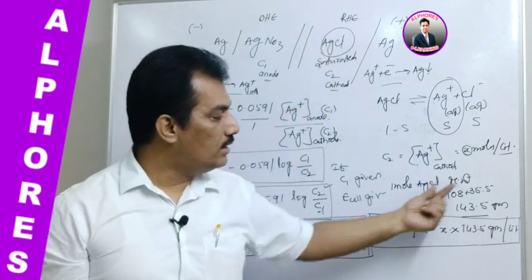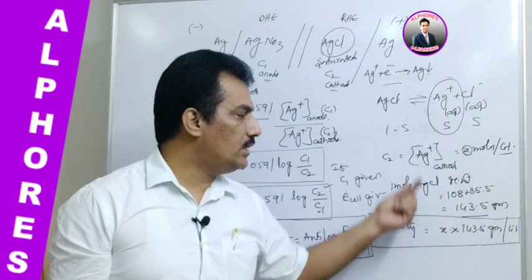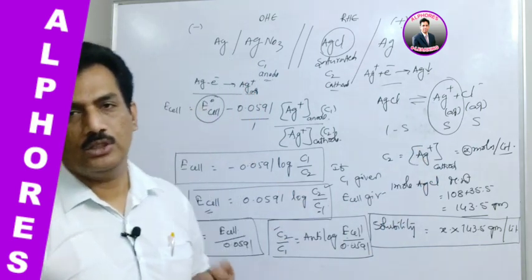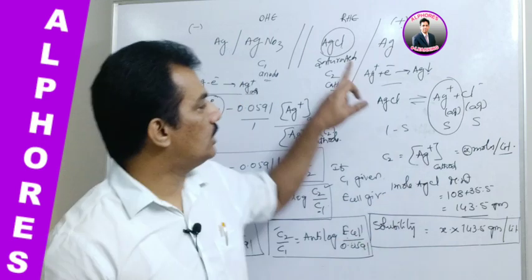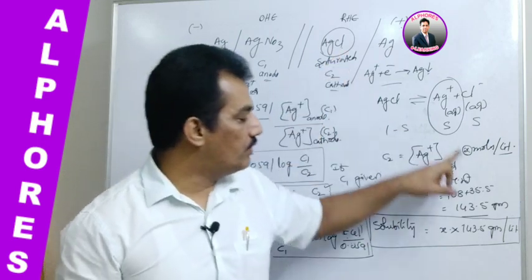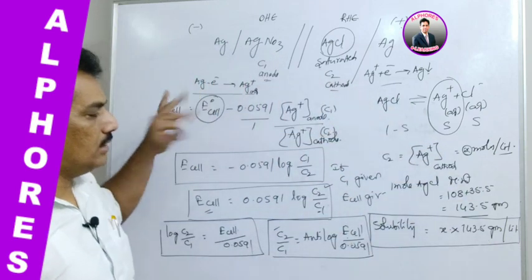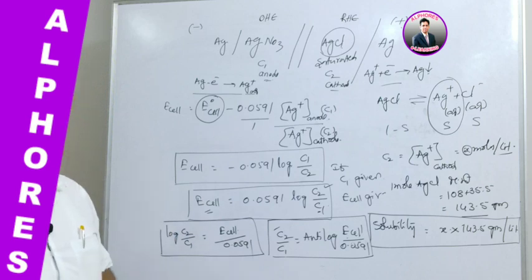For silver chloride, the molecular weight is 143.5, and hence when the concentration of Ag+ at the cathode is known, it is nothing but the concentration of dissolved AgCl, and hence we are converting into grams. This is the manner in which we are getting the solubility of a sparingly soluble salt.